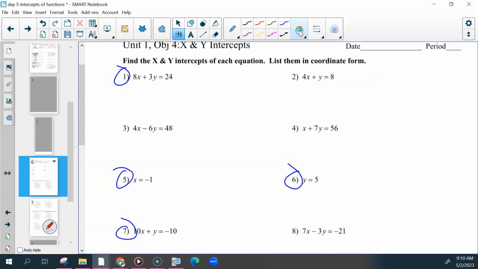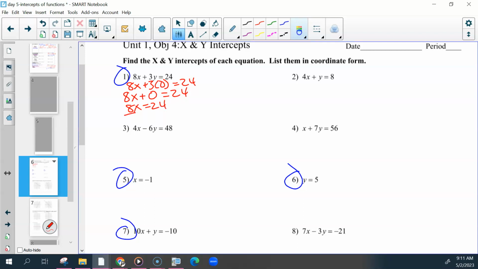So you have to remember the same rules. If you're looking for x-intercept, you put 0 in for y. If you're looking for y-intercept, you put 0 in for x. That's still the same. So if I'm looking for an x-intercept, I'm going to put 0 in for y, and I'm going to solve for x. Zero is not necessary because it wouldn't change anything.